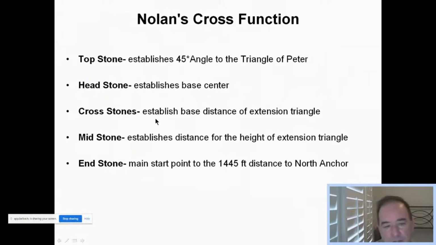The cross stones establish the base of the distance of the extension triangle, and the midstone establishes the height of the extension triangle. You're going to find that this extension triangle is very important. The end stone is the main start point for the 1445 distance, which is the distance of 1347 converted to our units.